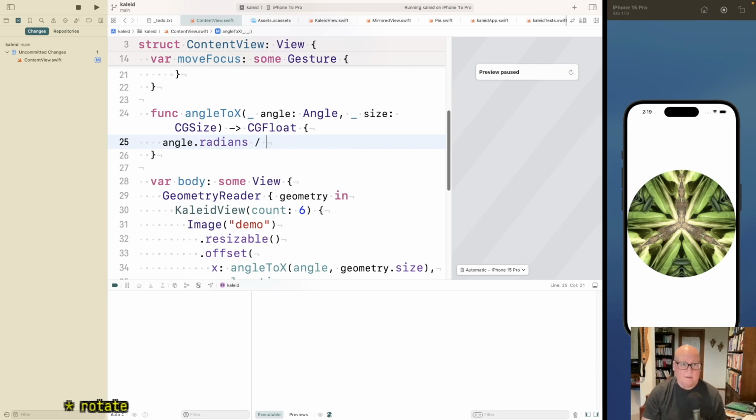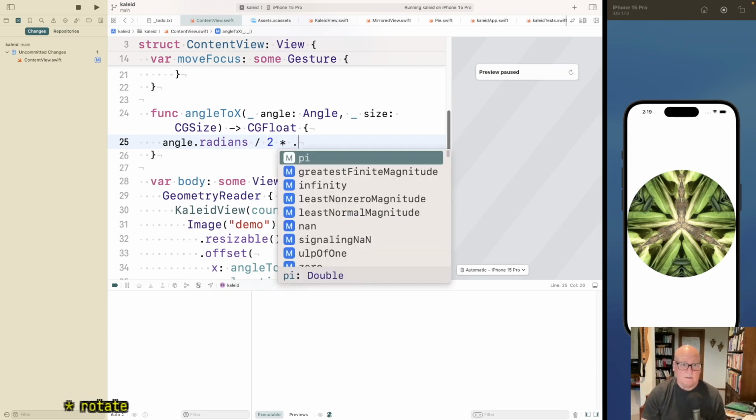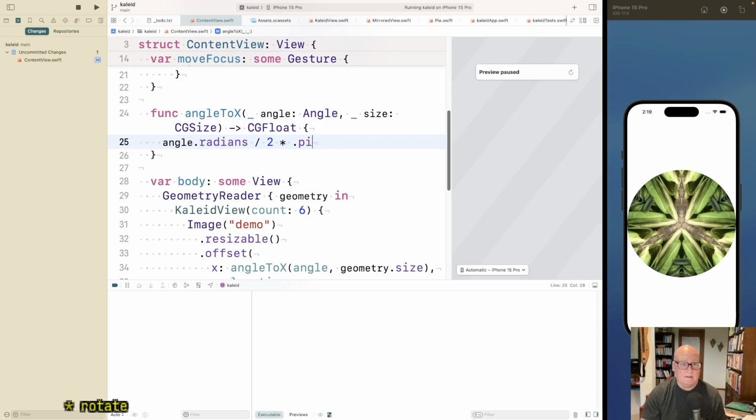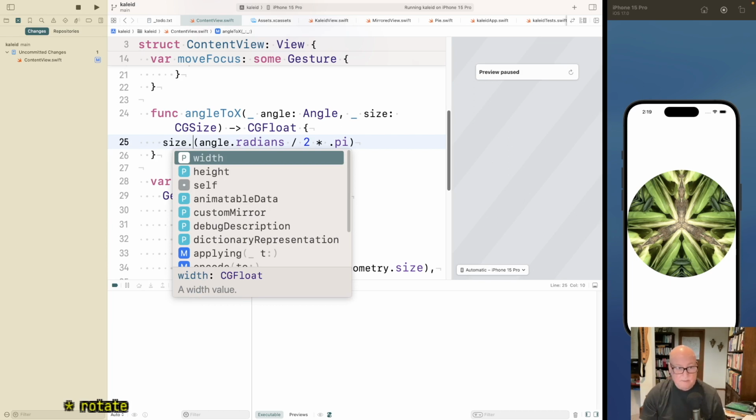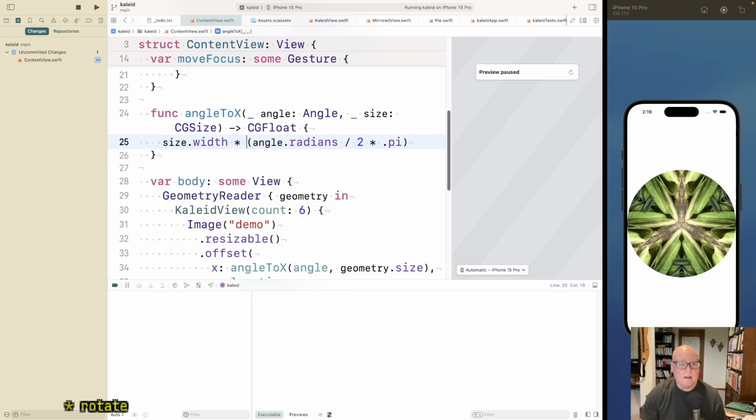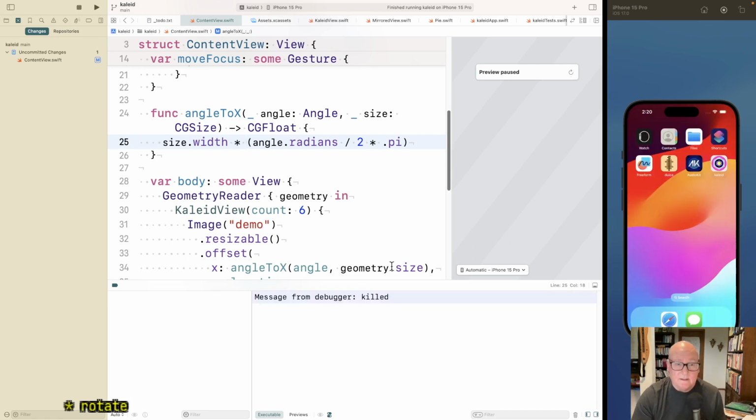And if I divide by 2 times pi, and all that is size dot width times that. Okay. I don't know if this is going to be the right thing, but it's going to give something.